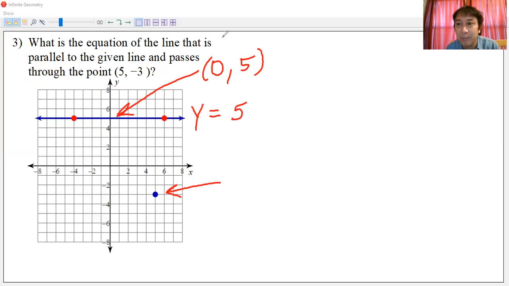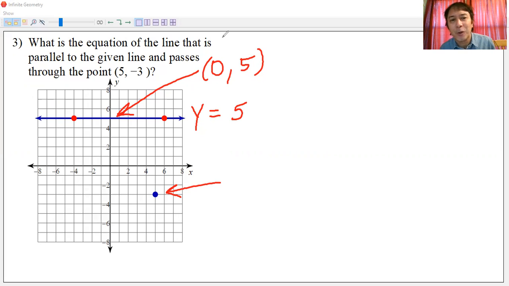y equal to 5. We were able to write the equation this way because the y-intercept is 5, and all the points on this line will have a y value of 5. So the name of this line is y equals 5.